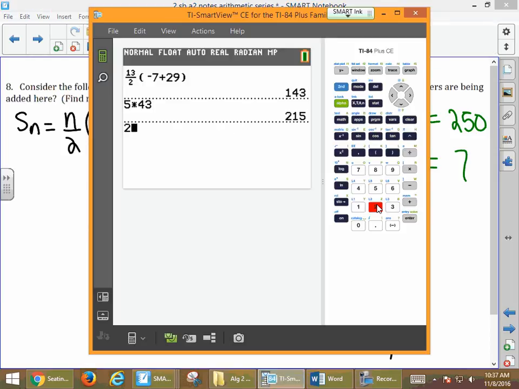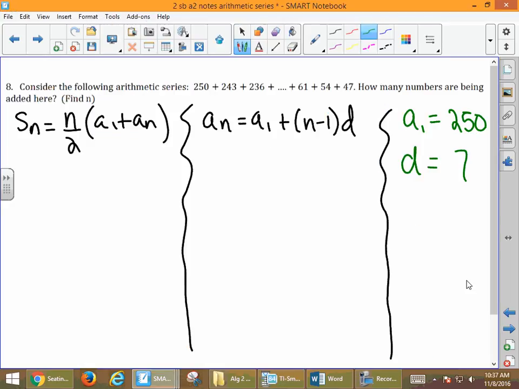It's 243 minus 250. What did we forget? It's 236 minus 243. So we forgot negative 7. We can use our calculators here to help us figure that value out.